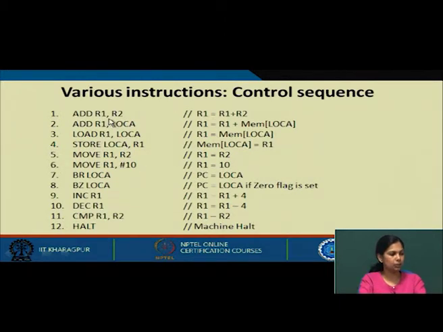To show the control sequences for various instructions, we have chosen this set of instructions. This set includes add with register, add with memory operand, loading a word, storing a word, moving data between registers, moving an immediate data to a register, unconditional branch, conditional branch, increment, decrement, compare, and of course halt.